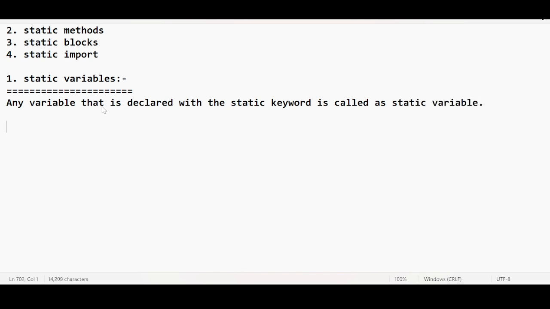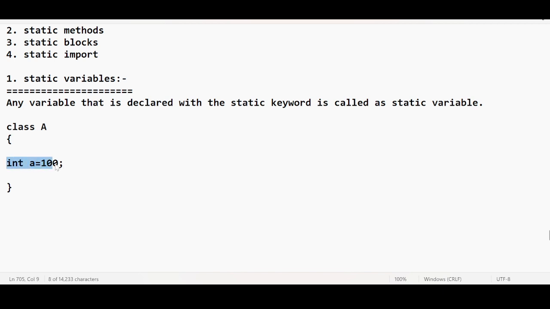For example, I have int a = 100, and let me take this variable inside a class A. Inside this class A, there is a variable placed, which is a = 100.